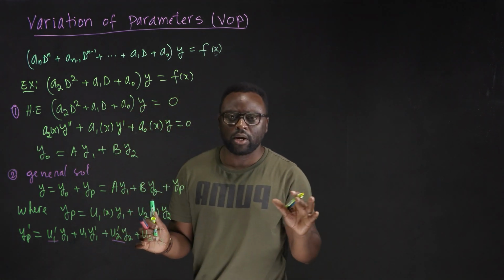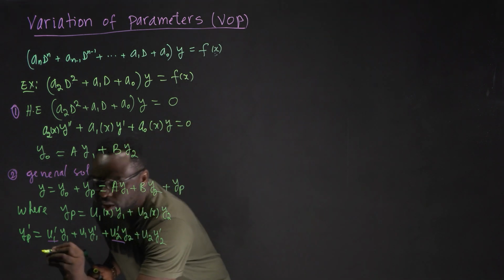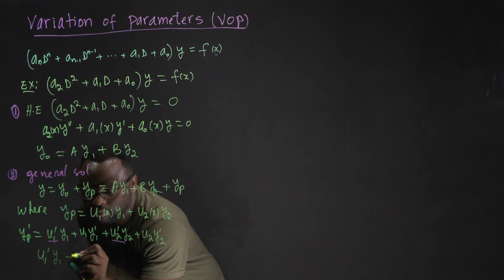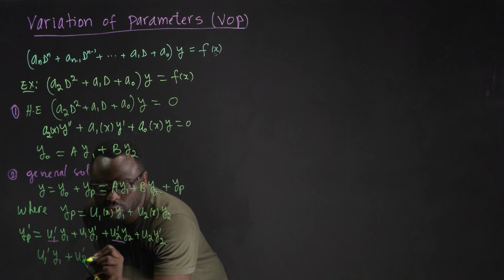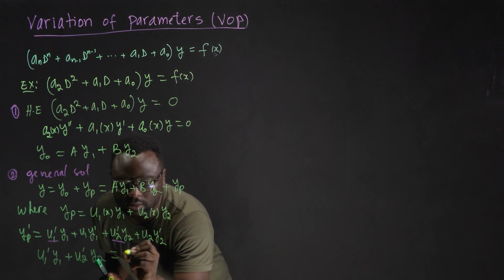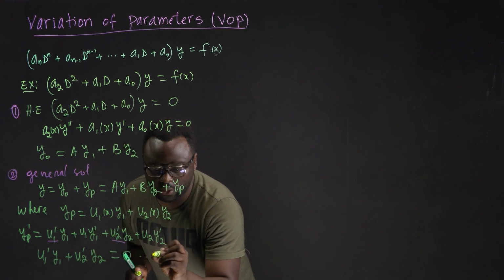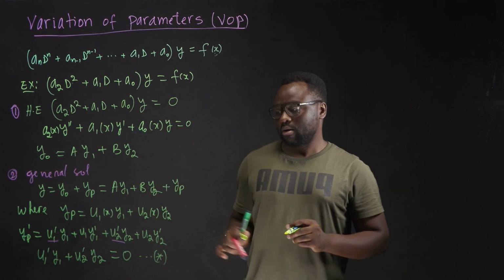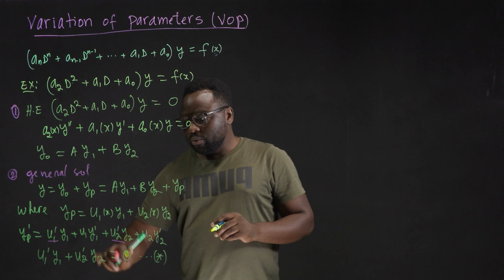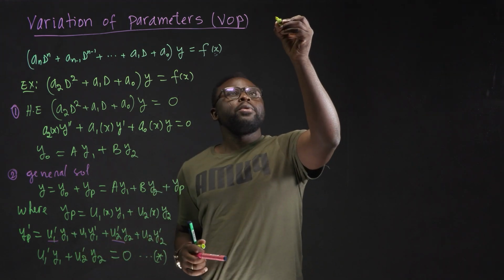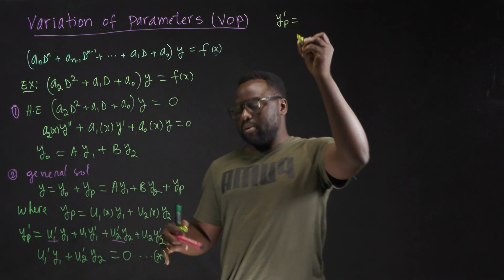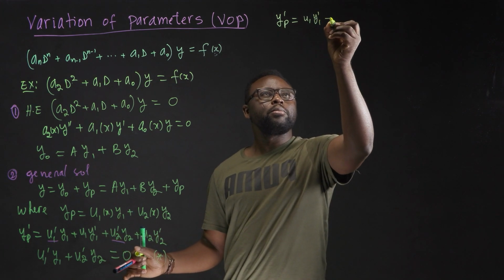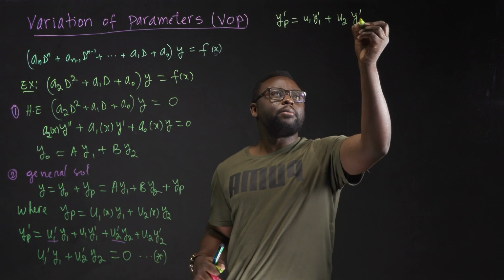I can't prove it now, it's out of our interest. So if we take u1 prime y1 plus u2 prime y2 equal to 0, let's consider this as equation star, okay? We will make use of this star later. So if we consider this, then yp prime becomes u1 y1 prime plus u2 y2 prime.